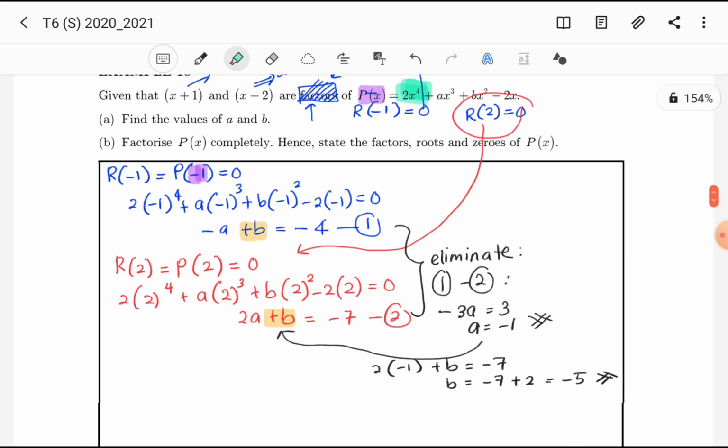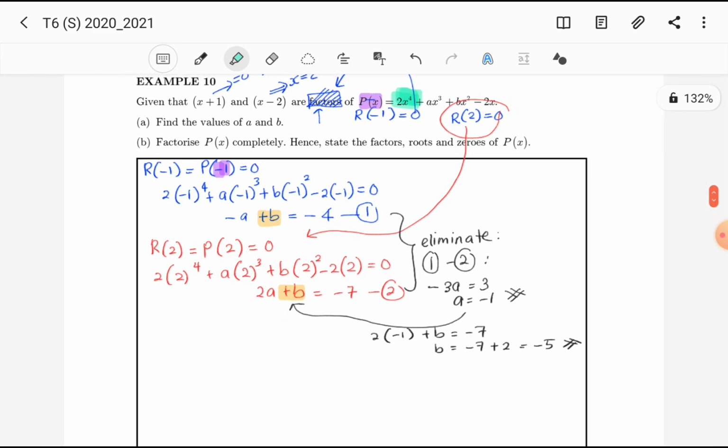Okay, so we go back to our px. So, sorry. Okay, so px here, px can be written as 2x power of 4, a, what is a? Negative 1, so minus x cubed. And we substitute b, minus 5x squared minus 2x.